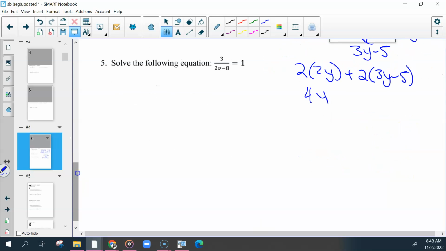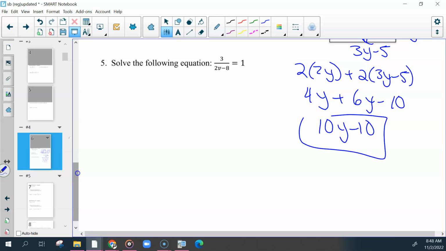This would be 4y plus 6y minus 10, and then combine your like terms. So if I knew what y was, I could actually find the perimeter, but I don't, so that's it. Questions on that?